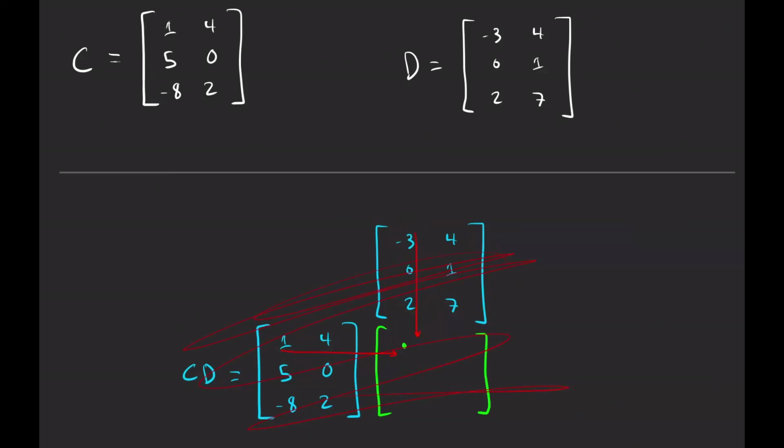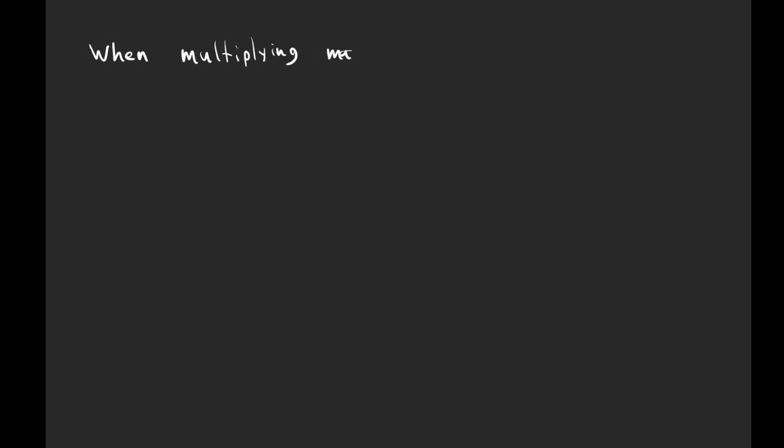And this does give us a rule, actually, and I'm going to write this rule out. This rule states that when multiplying matrices, the columns, and you know what?